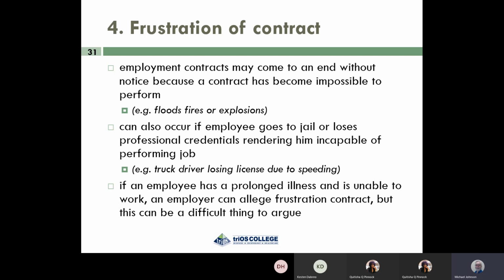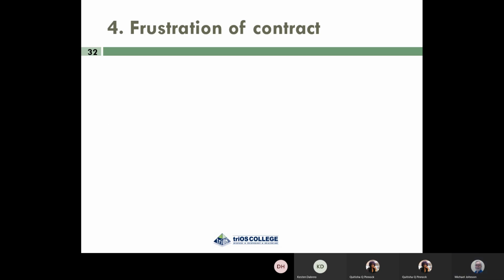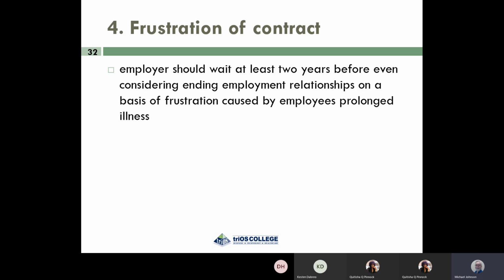But as long as they are continuing to be an employee, they may not be able to. Again, it depends on the circumstances. Employers should wait at least 2 years before even considering ending an employee's relationship on a basis of frustration caused by the employee's prolonged illness.